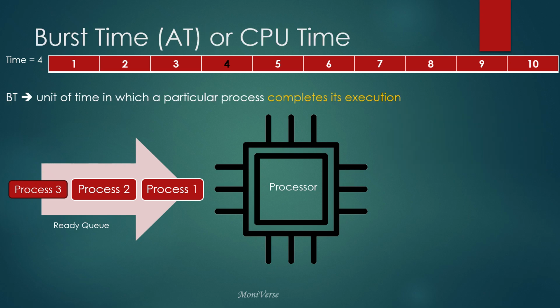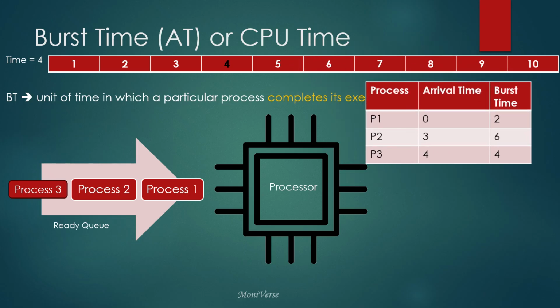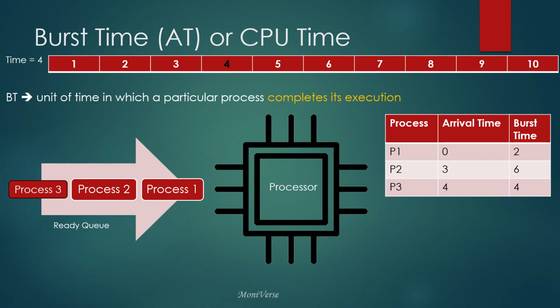Now let us learn what burst time or CPU time is. Here, let us consider this ready queue and the processor. This table indicates the arrival time and the burst time. We have already seen what arrival time is. The burst time is how much time the process needs to be inside the CPU for execution, that is, how long it is going to be executed.